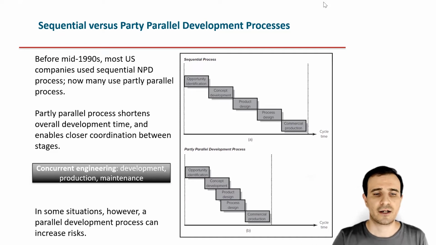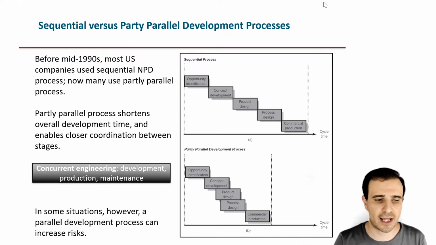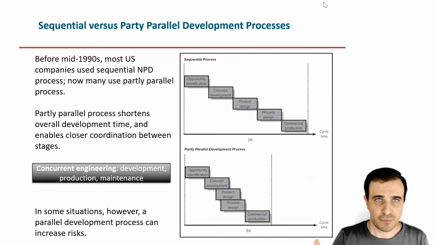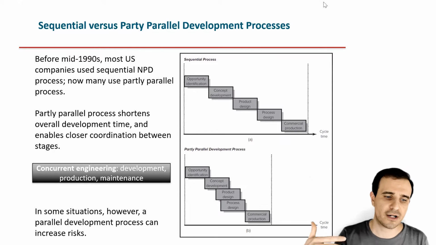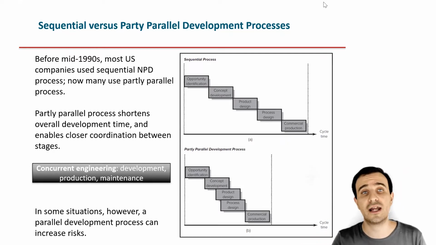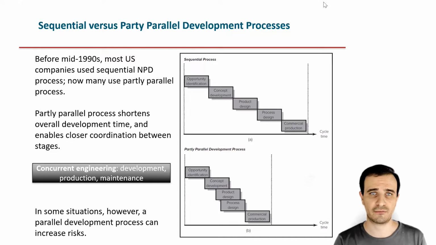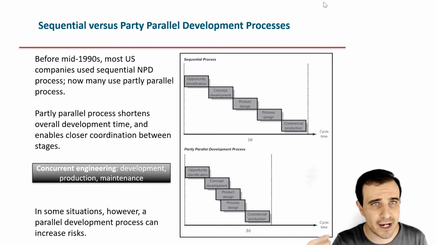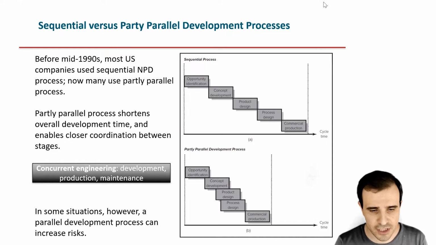To shorten the process and the development time, a new way was introduced, which is a partly parallel development process, which ensured closer coordination between the different stages. This is the idea of concurrent engineering. So product development, production, and later on the maintenance of a product have closer communication, so as to ensure that since the very beginning all the possible requirements of production and maintenance are carefully analyzed and considered.